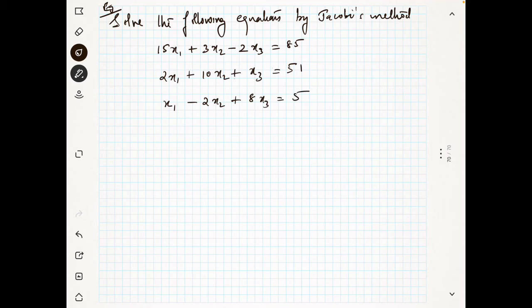Now let me check again. 15, 3, minus 2; 2, 10, 1; then 1, minus 2, 8; okay, 85, 51, 5. So this is the equation.